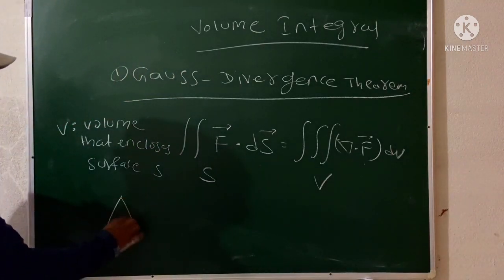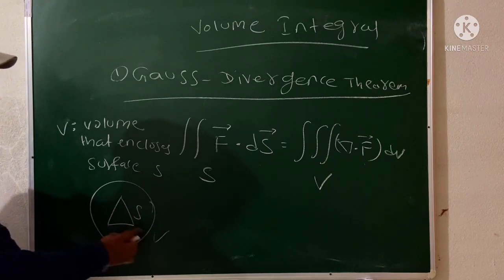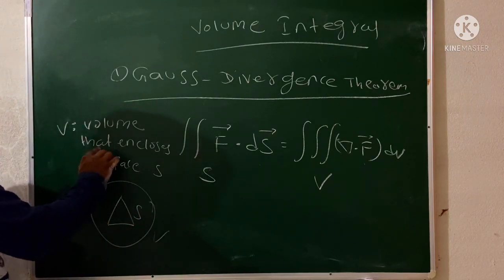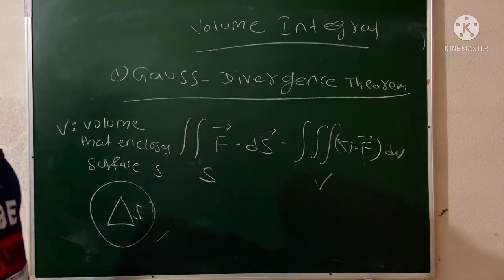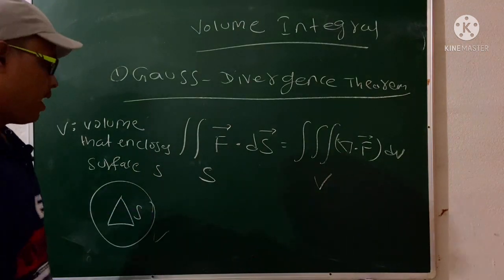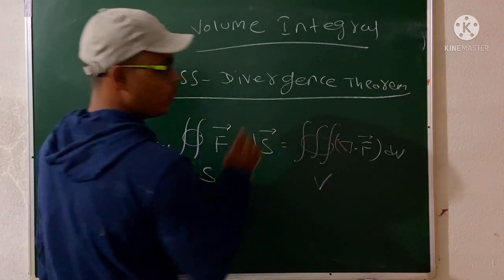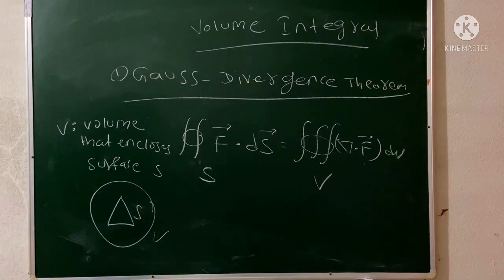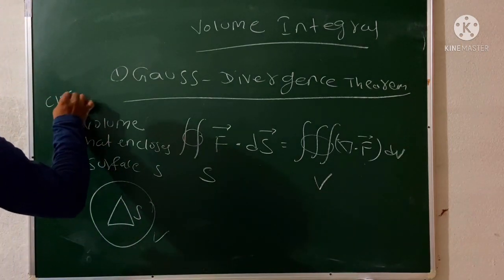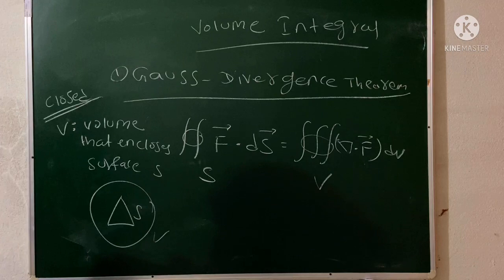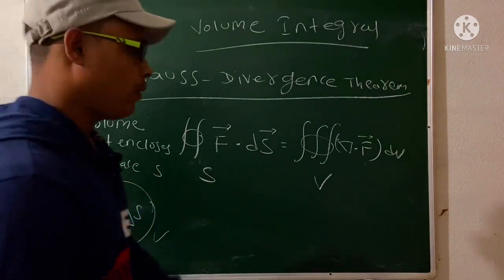Or if you are taking the surface of a triangle, then this should be V. Okay, this should be S, this should be V. So V must enclose the surface S. Then we can apply this. And remember, the surface should be closed and the volume should be closed. If this is closed, then we can apply the Gauss divergence theorem. So these are the closed surfaces.